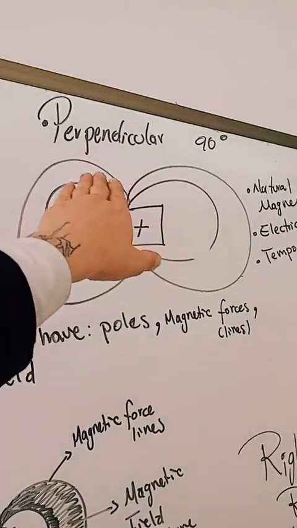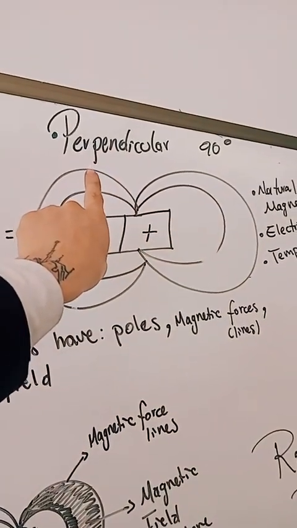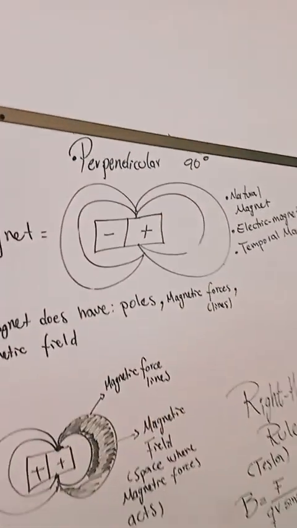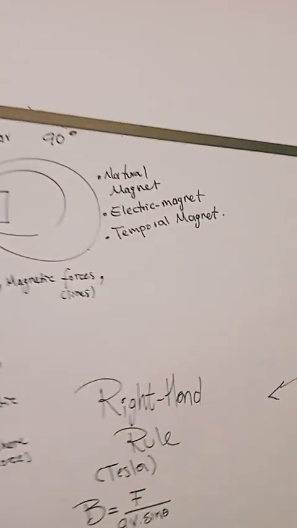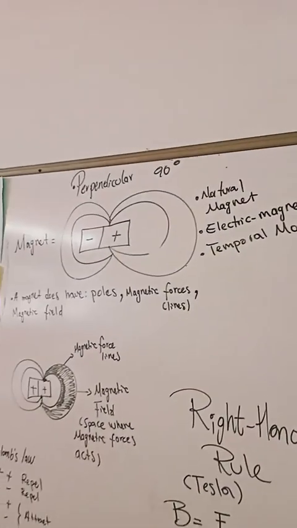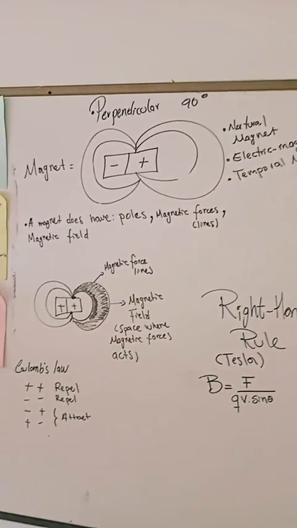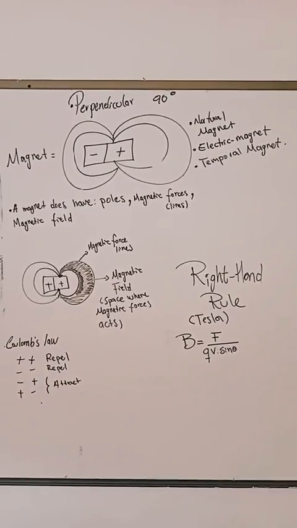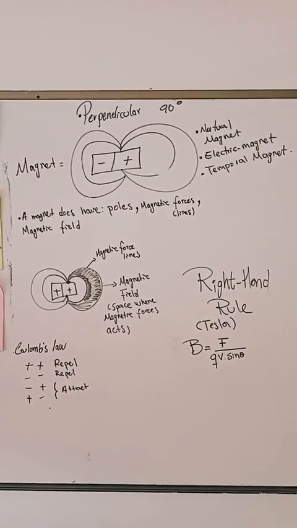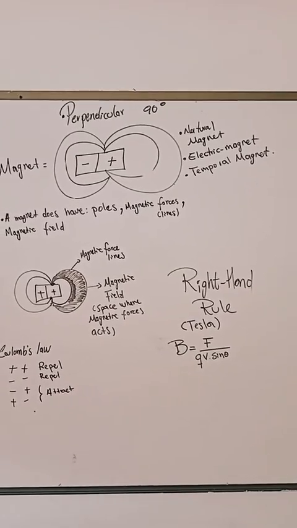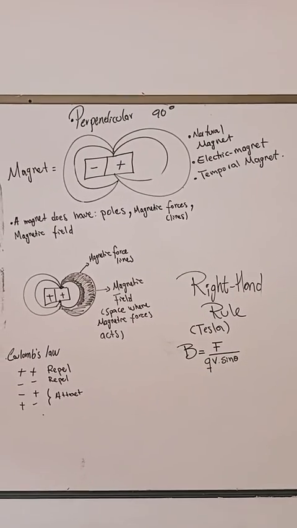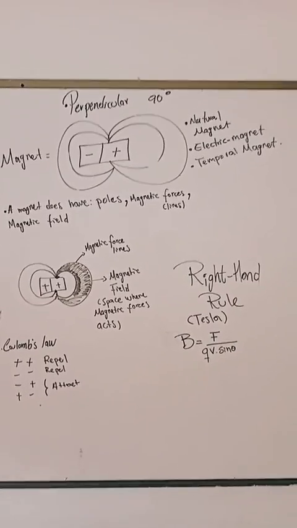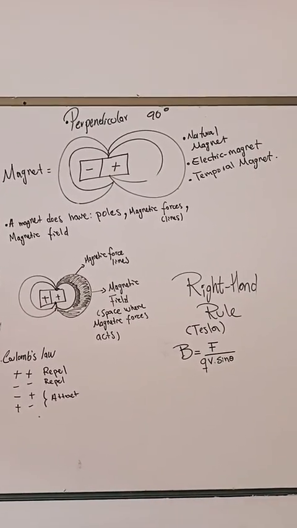And there's something perpendicular that you need to understand, that's the degree. What is a magnet? A magnet is a piece of material that has an invisible force, produced by invisible lines. Those are called magnetic lines, okay?